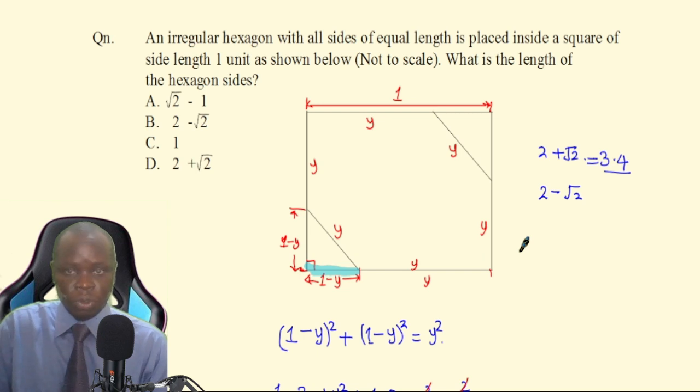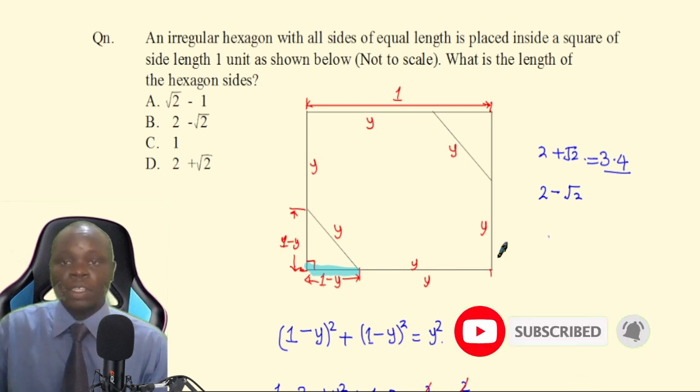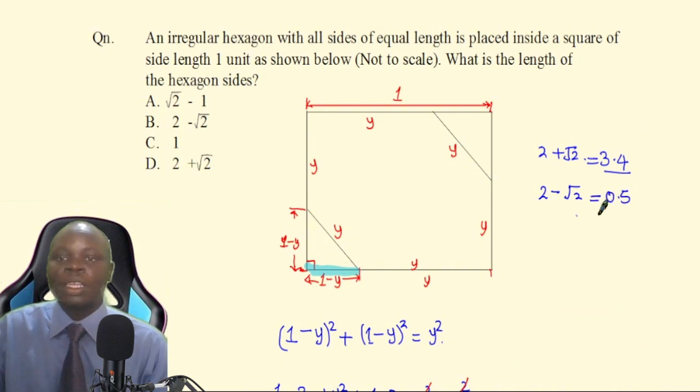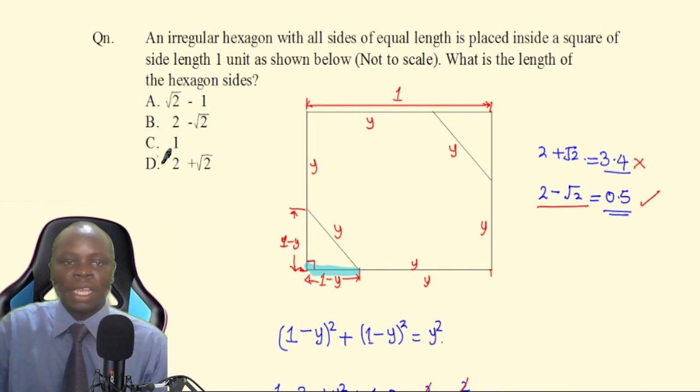So we have 2 minus root 2, and that is 0.5. Now you can see clearly that this answer is not valid. Why? Because it is greater than the square itself. So the correct answer is this, because part of it has been reduced, so this is half. Now we look at this answer to be our correct answer, and that is B.